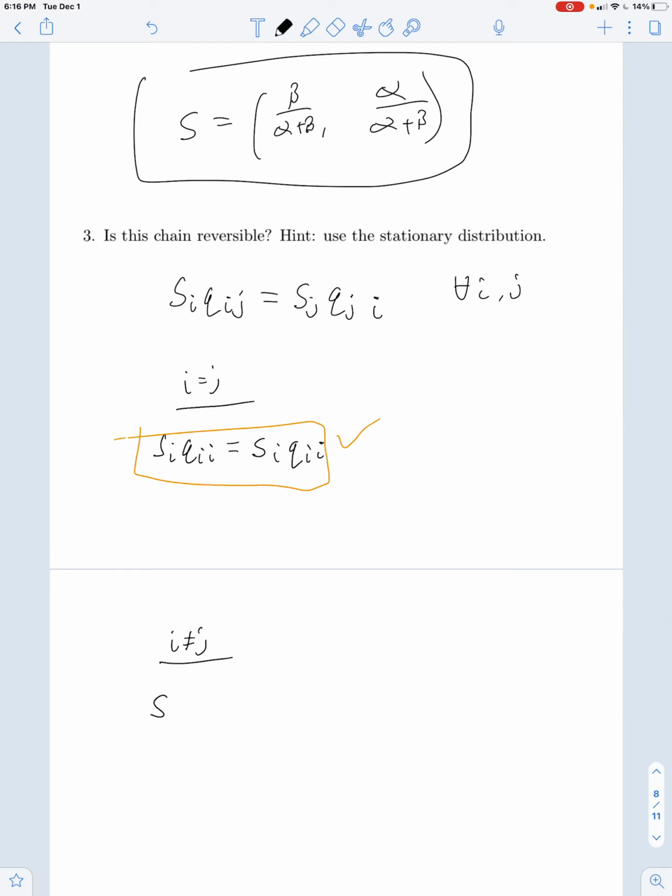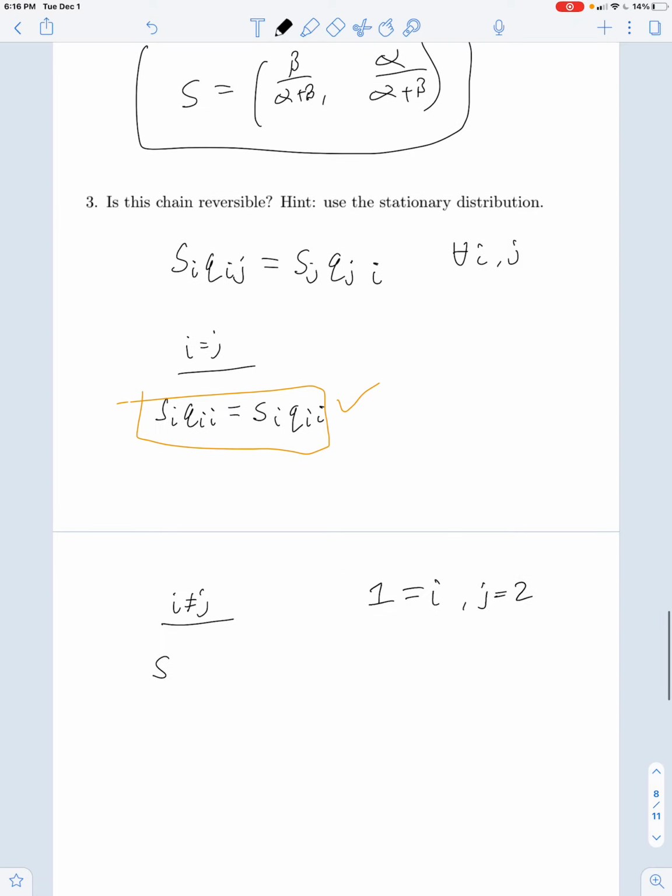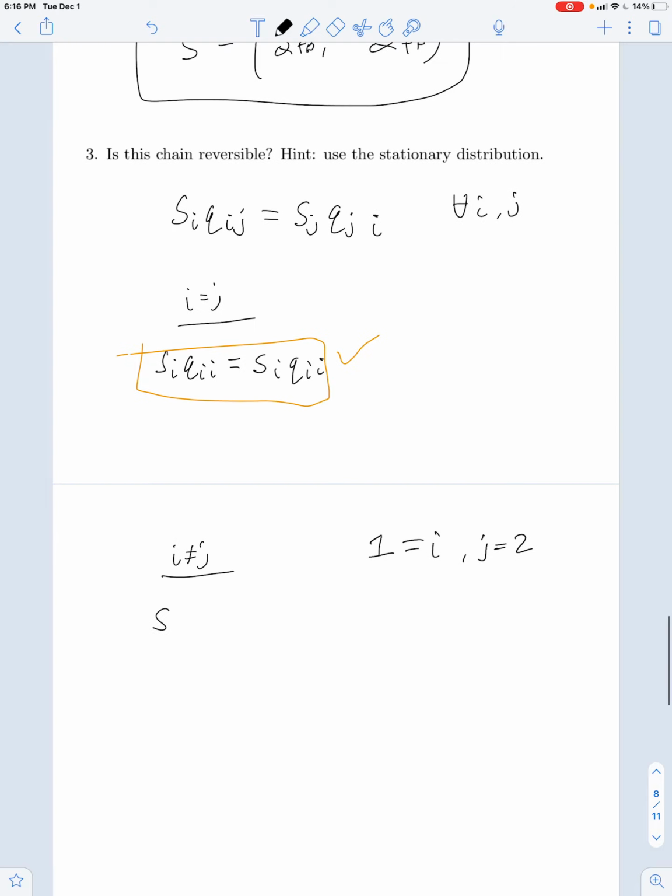So really, the interesting case is i not equal to j, but since we have only two states, we only need to consider when i is equal to 1 and j is equal to 2. And we'll only do this once, and we're not losing any generality here. We could equally pick i equal to 2 and j equal to 1.